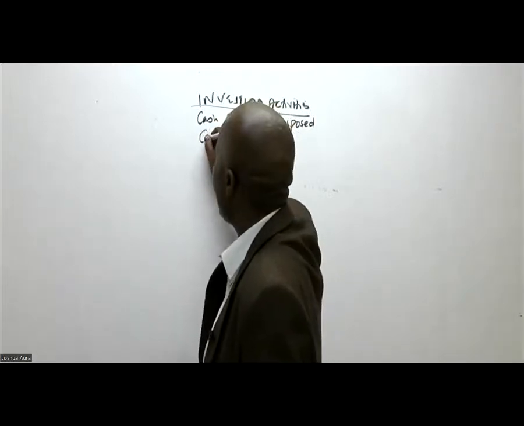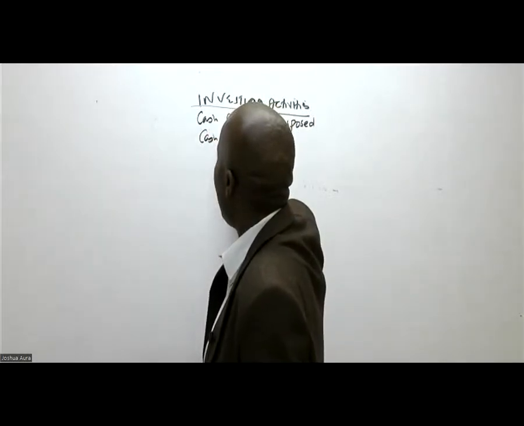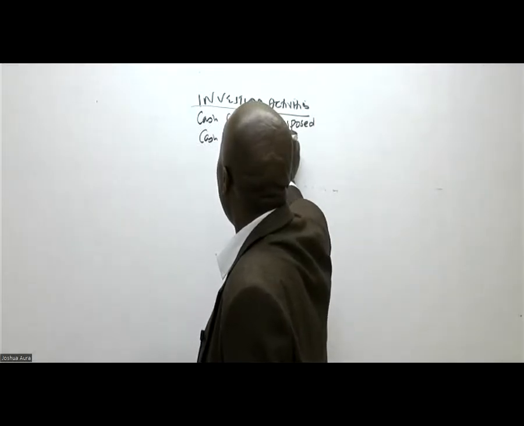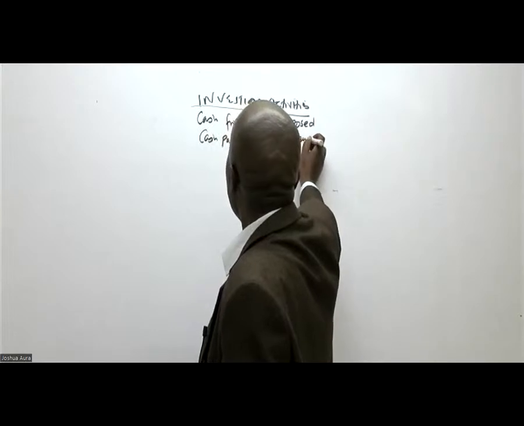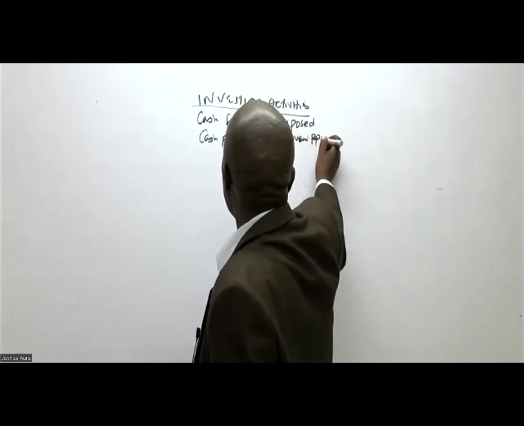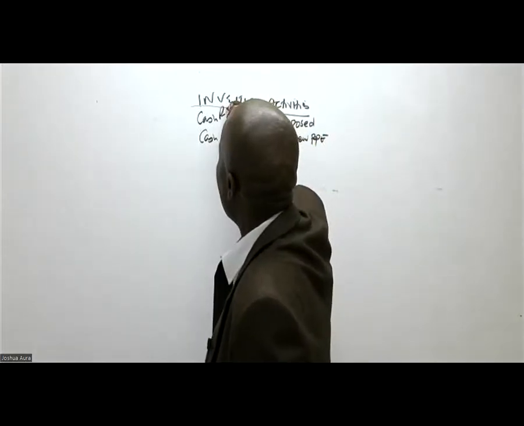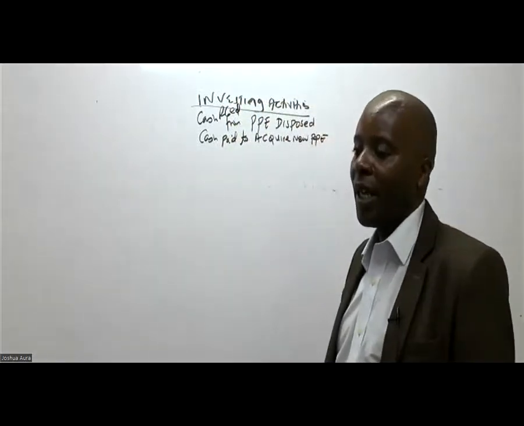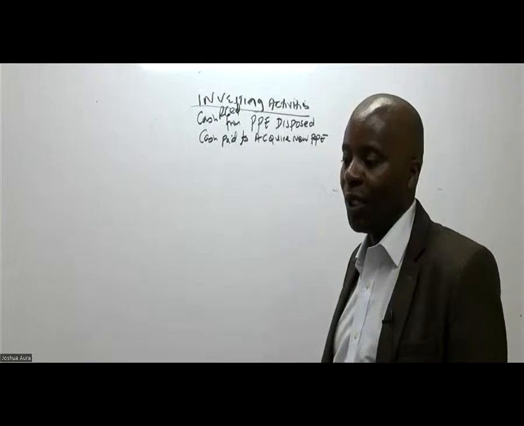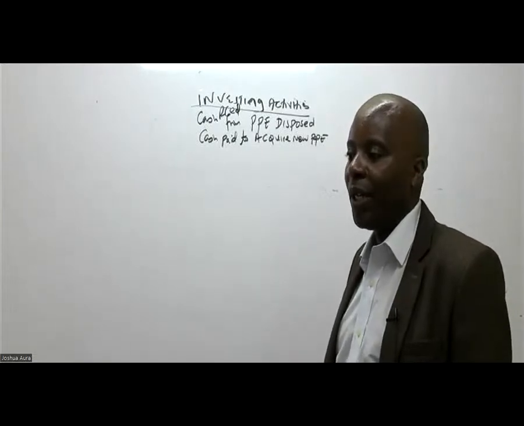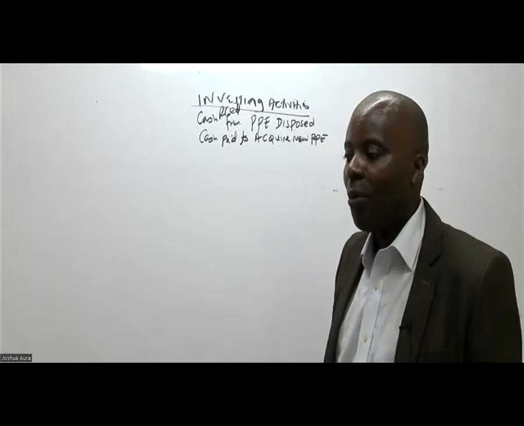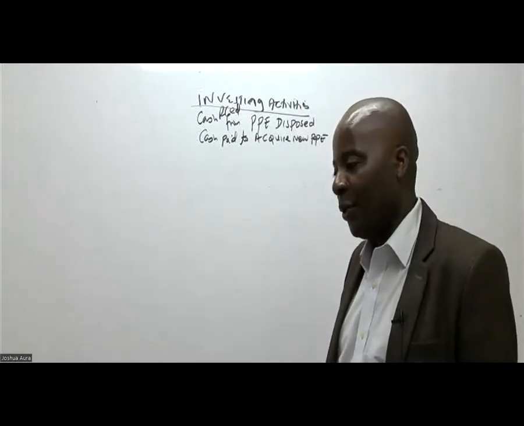Cash paid to acquire new PPE. This is cash received when you sell assets, cash received from PPE disposed, and then we have cash paid to acquire new property, plant, and equipment.